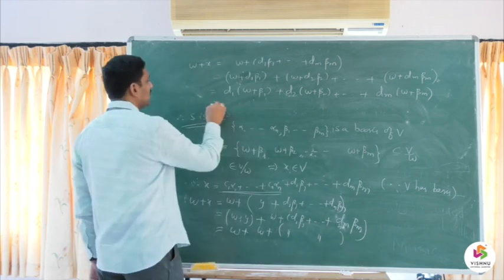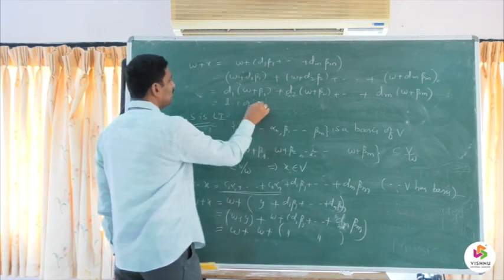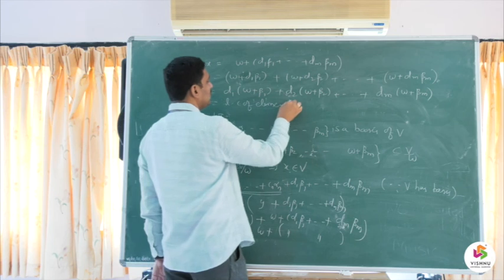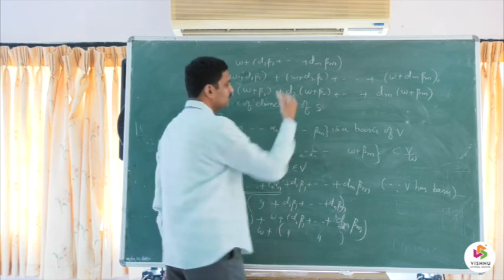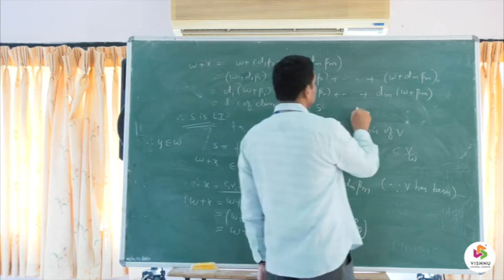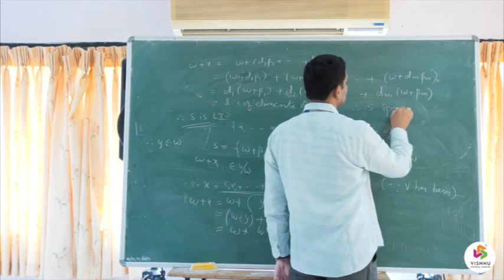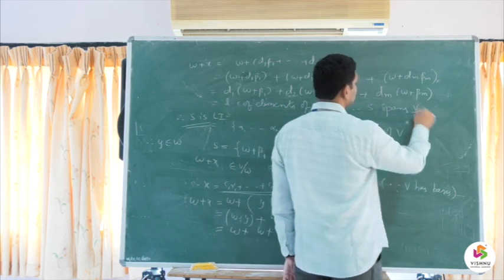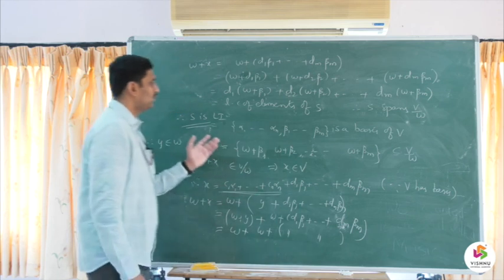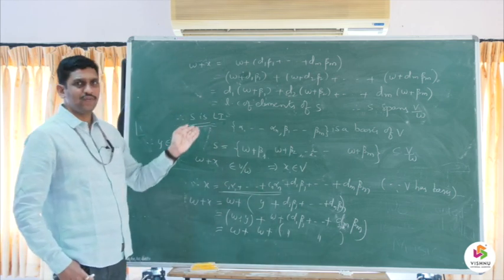So this is nothing but a linear combination of elements of S. Therefore, S spans V by W. Therefore, what happens? S is a basis of V by W.